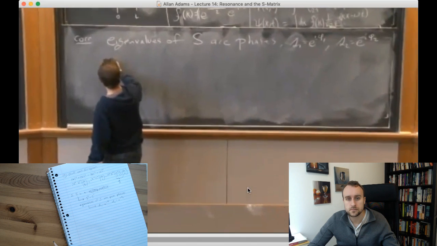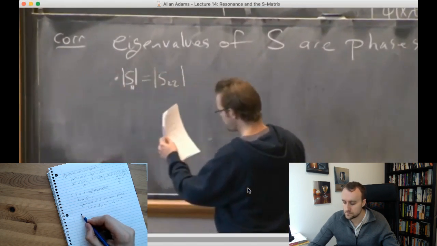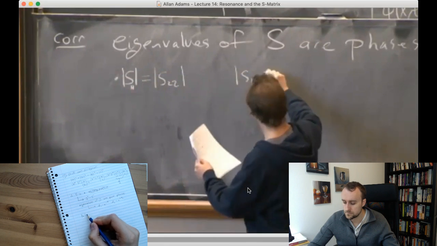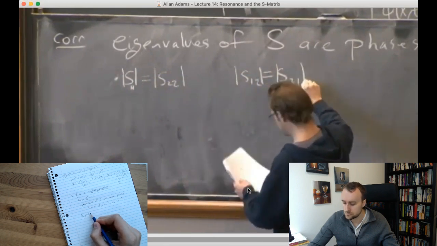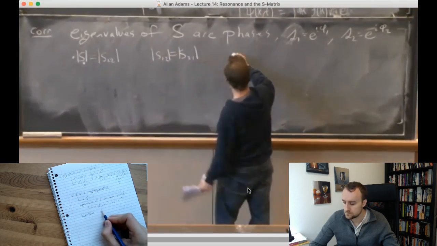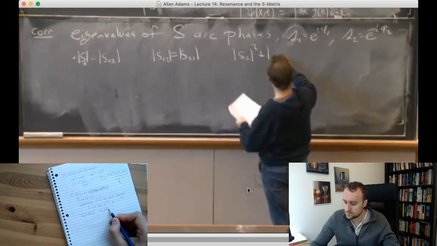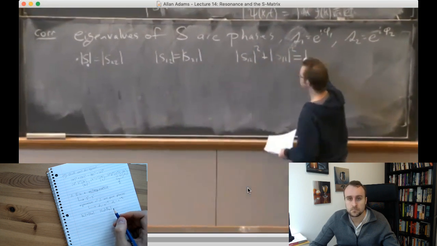So the first is that the magnitude of S11 is equal to the magnitude of S22. The magnitude of S12 is equal to the magnitude of S21. And more importantly, |S12|^2 plus |S11|^2 is equal to 1.